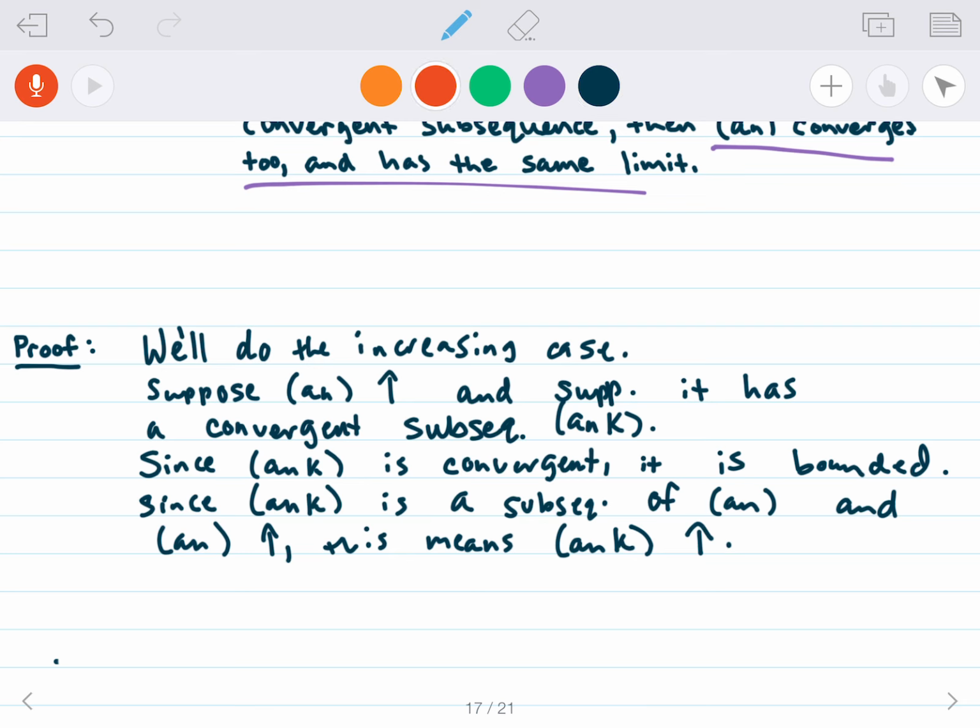We have that our subsequence is bounded and that it's monotone increasing, and so we can say by the monotone convergence theorem that it converges to the supremum of the set of terms in our subsequence. So let's go ahead and write that down. Okay, so this is bounded and increasing. So by MCT, we know that our subsequence converges to the supremum of the terms in our subsequence.